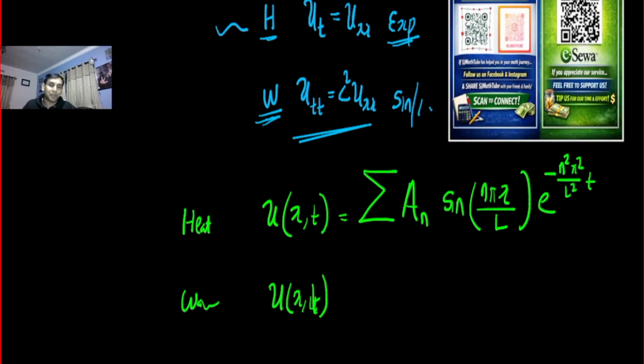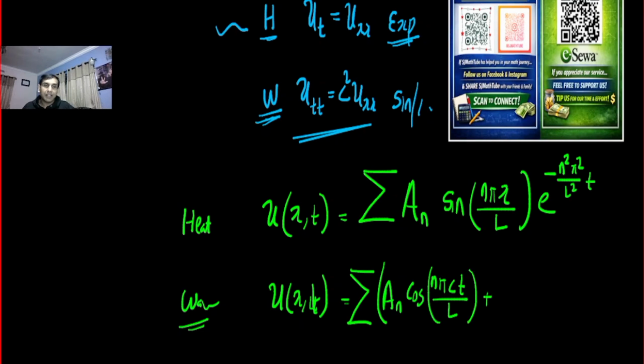Now for the wave equation, the end solution will be sigma an cos(n pi c t by L) plus bn sine(n pi c t by L), the whole multiplied by sine(n pi x by L).